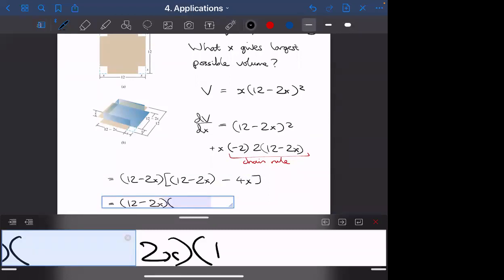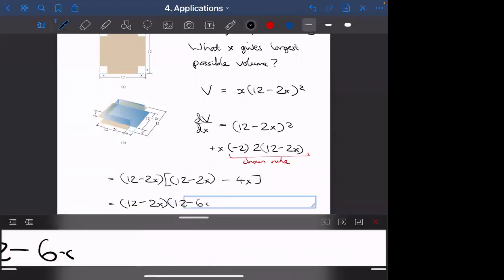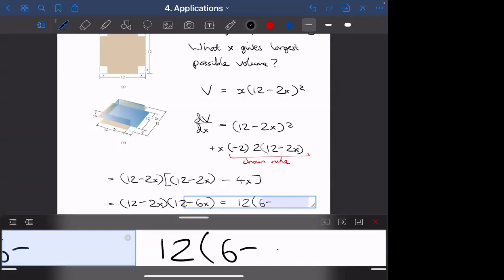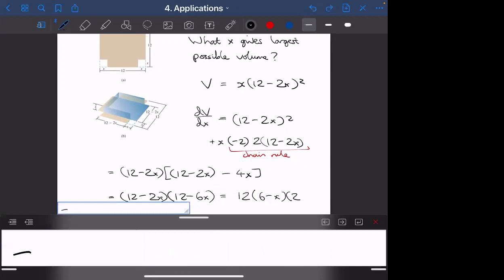So gathering terms, I get this, and I can take out a 2 and a 6 to get this.